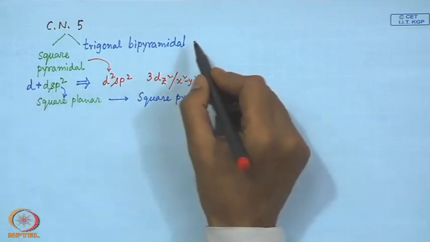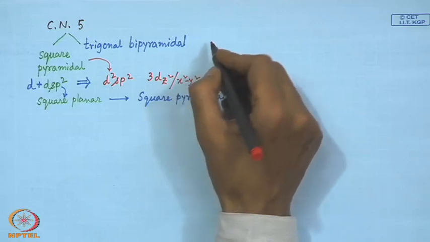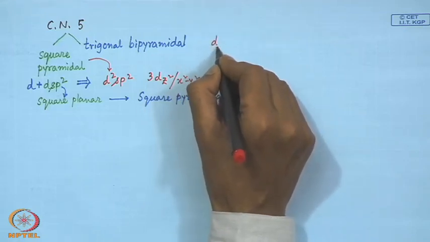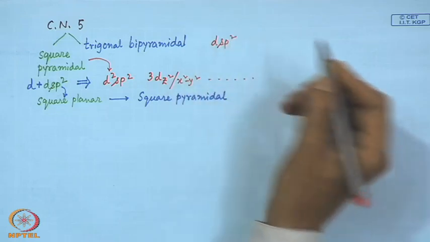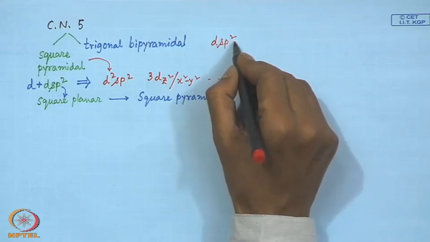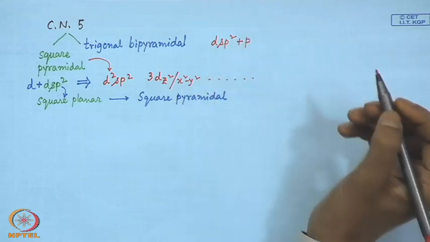So, this square planar geometry can be transformed to the square pyramidal one through the addition of one d. Similarly, this trigonal bipyramidal geometry can be reached from dsp2, which was there for the square planar arrangement, with the addition of one p now.